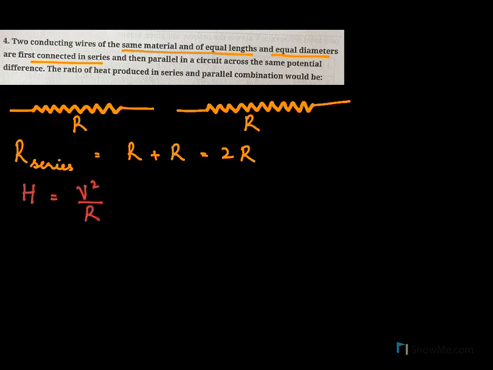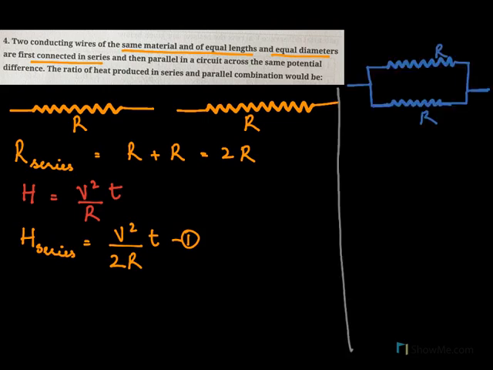So we know the heat produced is given by the formula V square over R, times T. So here we have heat produced in series would be V square, R is 2R, and T. We'll write this equation 1. Now the same two resistances are connected in parallel.